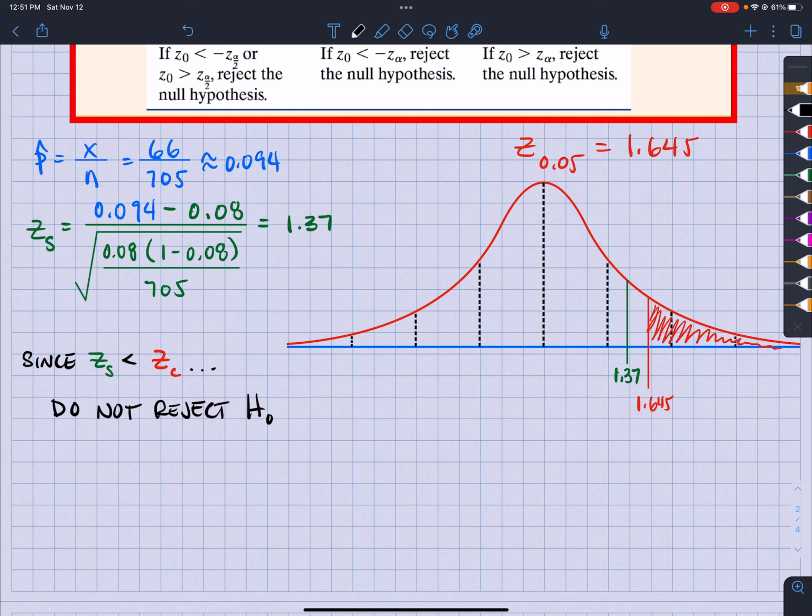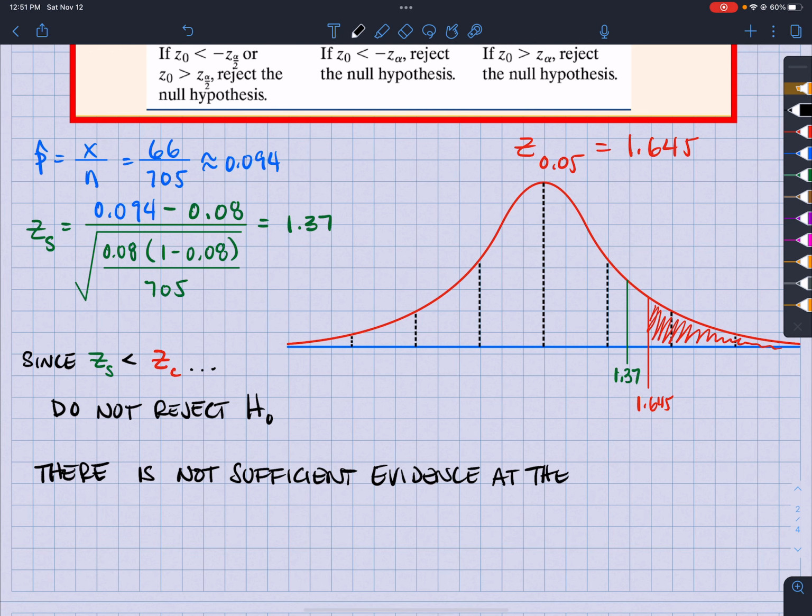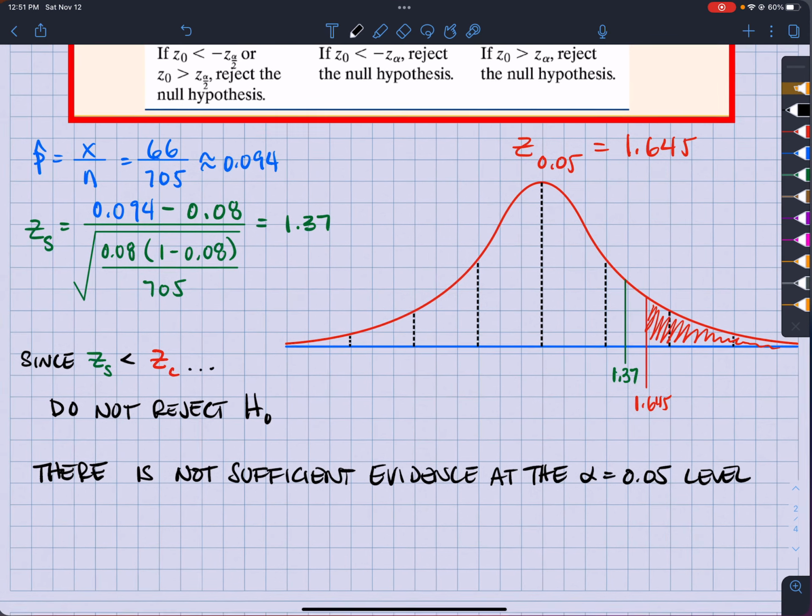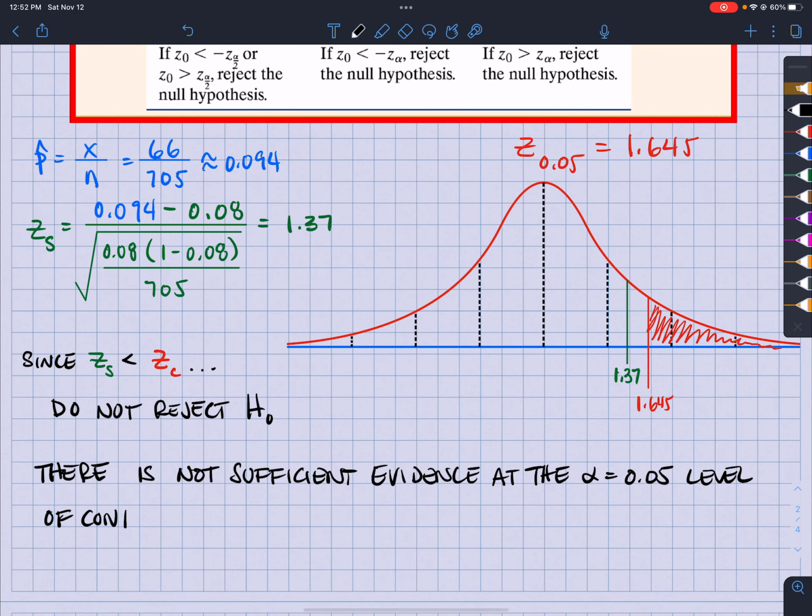And the conclusion is there is not enough or sufficient evidence at the alpha equal to 0.05 level of confidence.